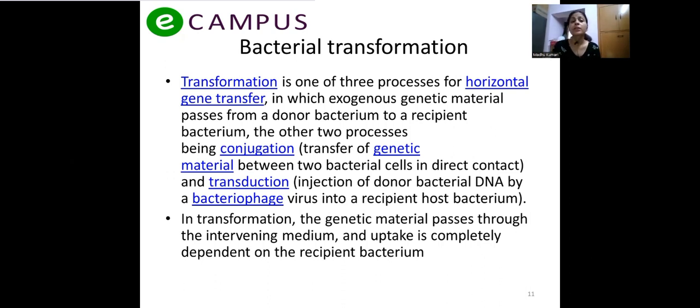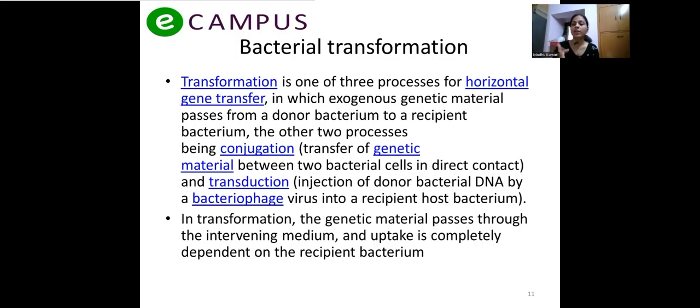Clear? So transformation is one of the 3 processes by which genetic material or plasmid is transferred from one bacterium to another. Another is conjugation, by which also the genetic material is transferred from one bacterium to another.